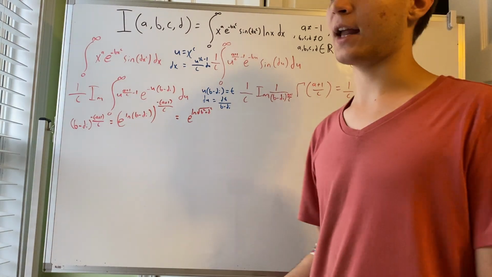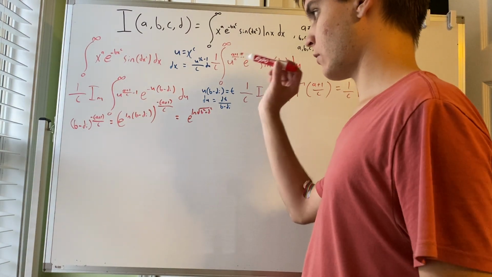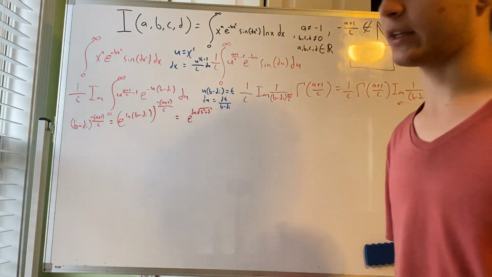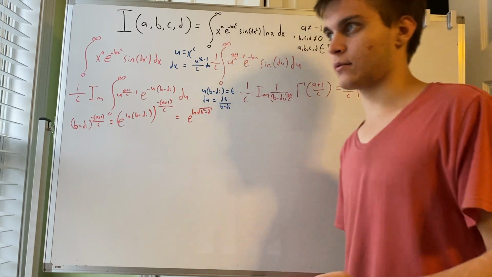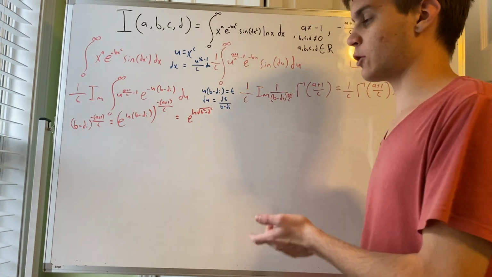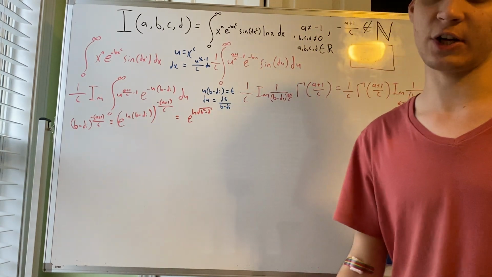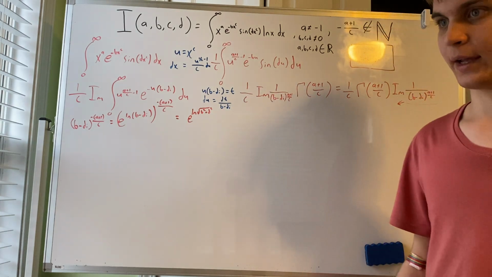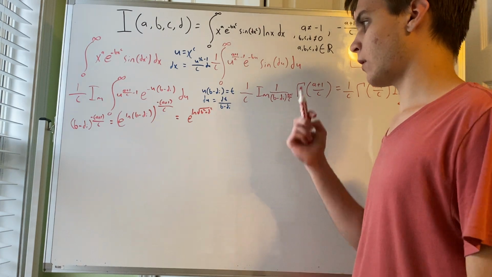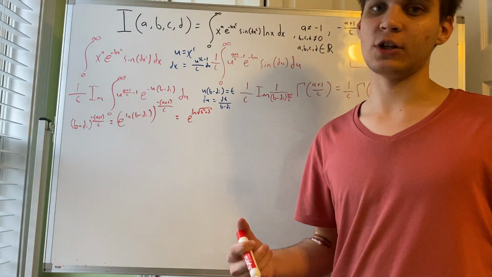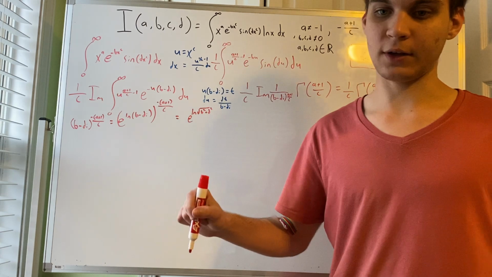And then you have to add i times the argument of that complex number, which normally you'd be able to find the actual value, but since we have a bunch of parameters here, we have to solve it with the actual formula. The formula for that would be the arctangent of the imaginary part over the real part.